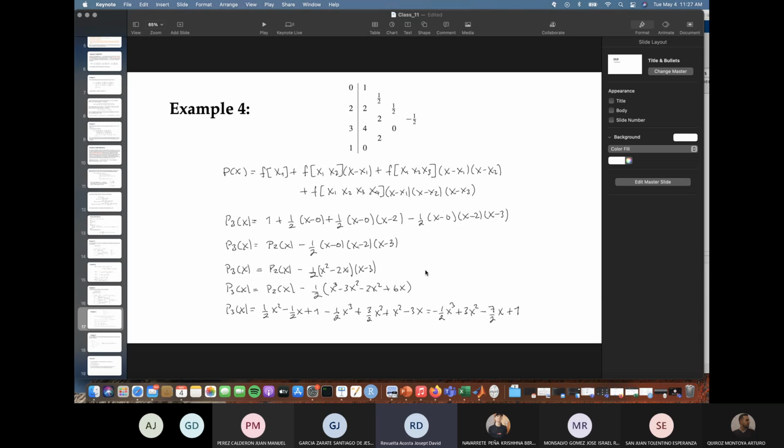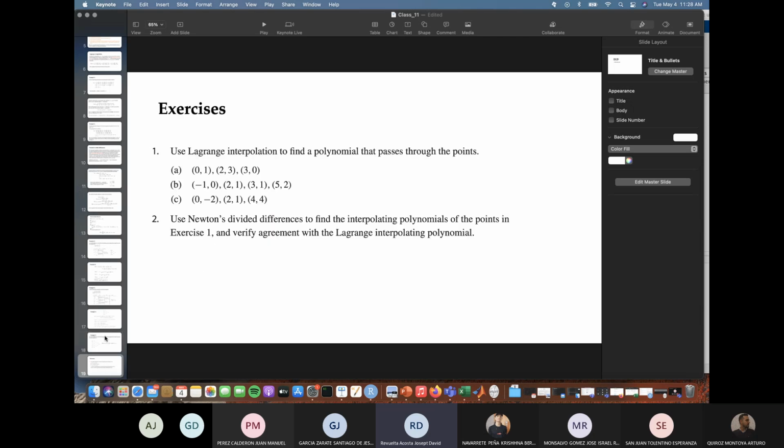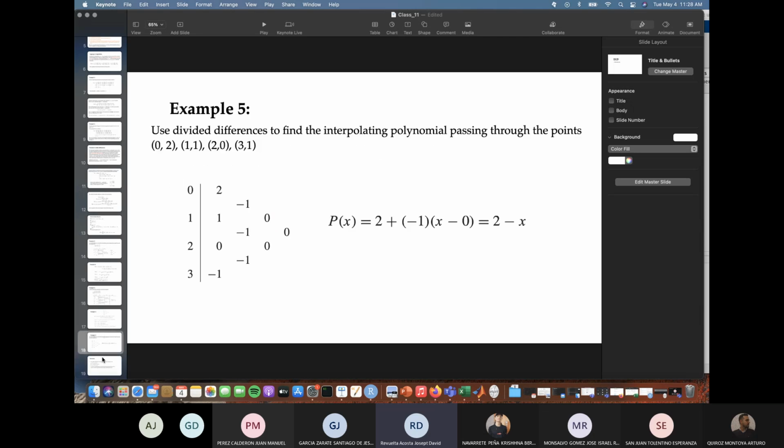So we see now 2 examples of Newton divided differences. So I'm going to ask you to do it, but this is going to be for the exercises. Because we already have 1 hour and a half, the video is going to be cut off.